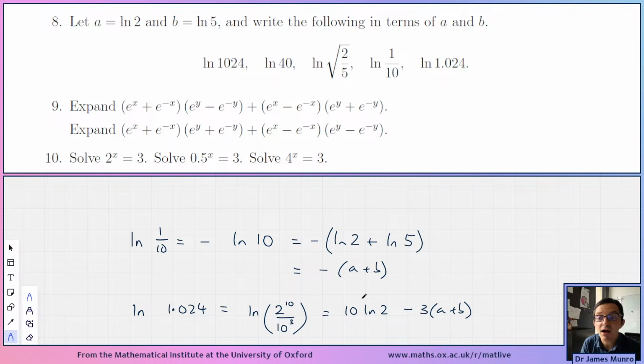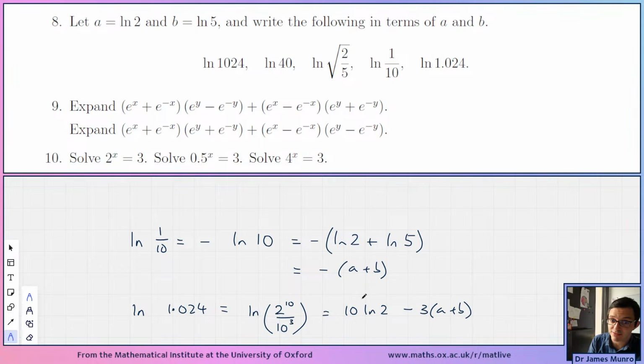Yeah, okay. There's the first one as well. I made you do 1024 as the very first one. So I'd already made you think about how 1024 happened to be lots of 2s. This is quite nice because ln 1.024 is probably quite a small number because, well, log base anything of 1 is 0.